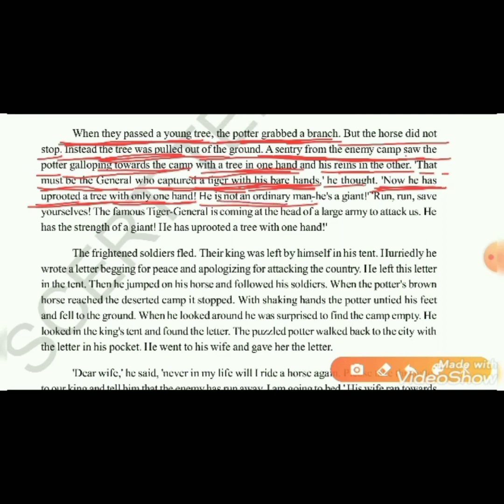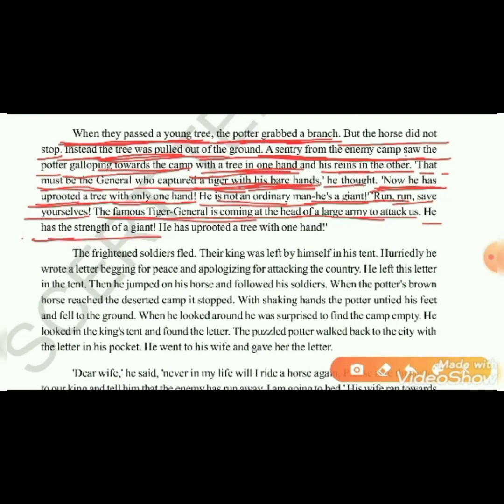It is time that we run away and save our lives. Otherwise, the powerful large army which is behind him would come over here and kill all of us. So before the porter reaches here, we must leave the area and save ourselves. Okay? Right, children? So simple the story is.